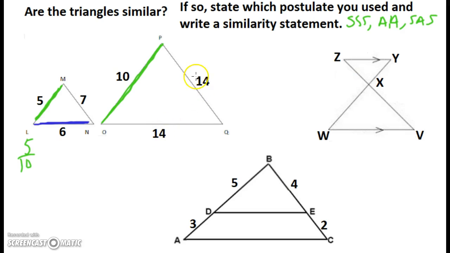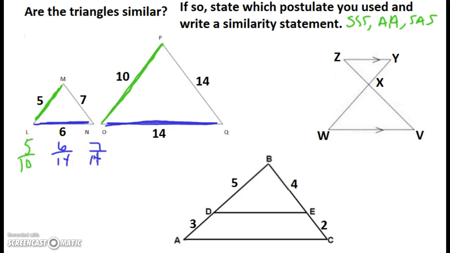Well, if these two numbers are the same and these two numbers aren't, I have a feeling our ratios aren't going to work out very nicely. But we can go ahead and check them. So we'll stick the 6 with this side, and we'll have the 7 with the 14. All right, so I've got a 6 with a 14, and then I've got a 7 with a 14.